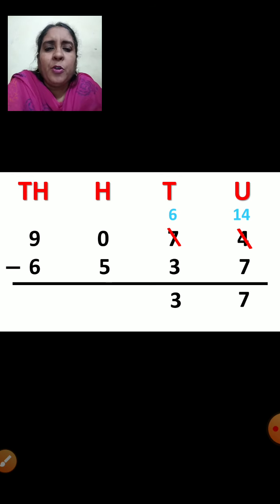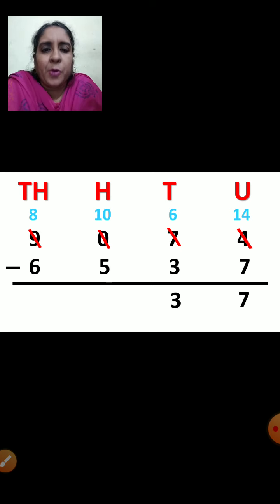So you will cut 9. What will be left in the thousands place now? 9 minus 1, 8. Now you will take that 1000 to the hundreds place. So you will cut 0 and what will come in the hundreds place now? 10. Very good. Now we can subtract in the hundreds place.